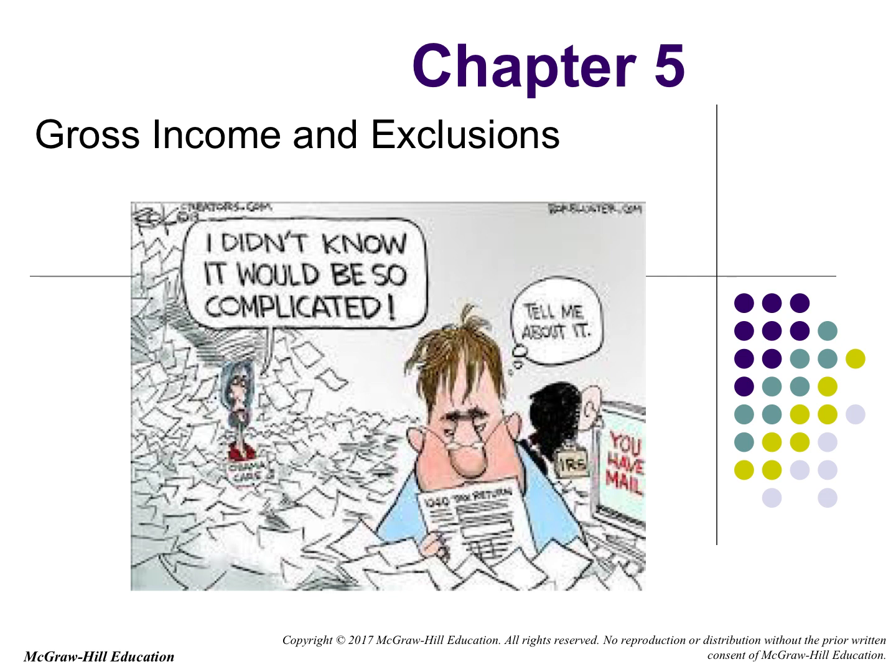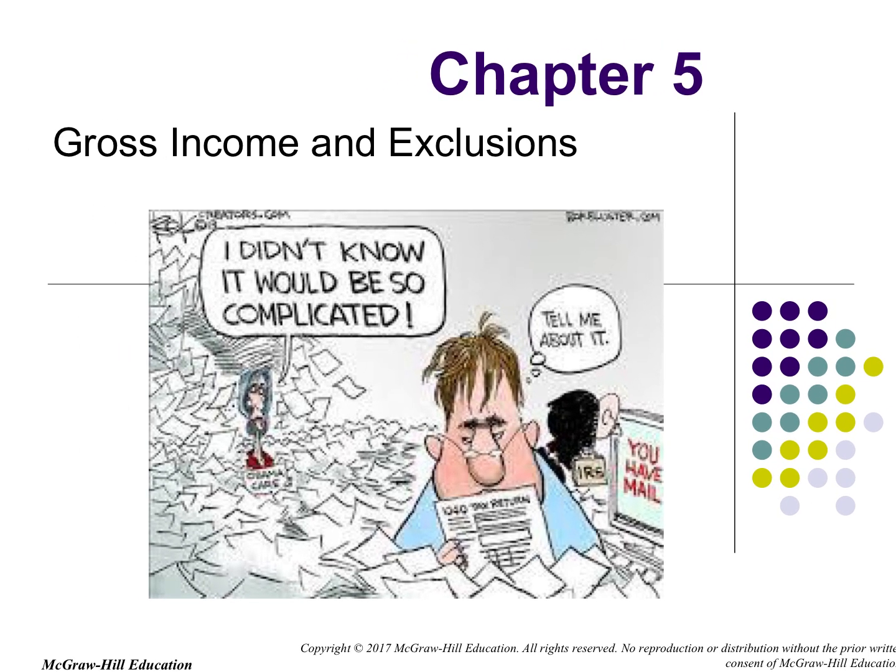Chapter 5 is all about gross income: what's included in that top line of the calculation, and, maybe more important to us, what types of income are excluded from that calculation.